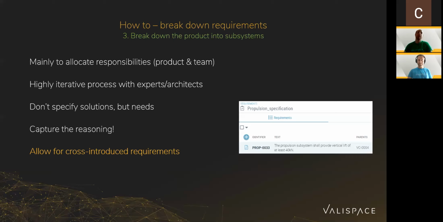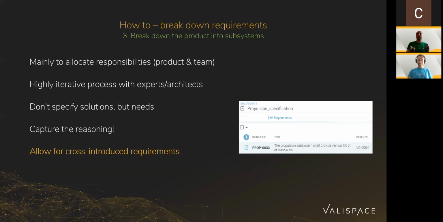Here's a pro tip. We are a big fan of allowing cross-induced requirements. What does that mean? It means that not every requirement needs to have a parent from an upper-level specification. So imagine the customer, for example, didn't ask for a thermal subsystem to exist or to do some cooling, but that might be a result from the motor. So it's fine to have as a parent requirement a requirement that comes from a different subsystem on the same level.